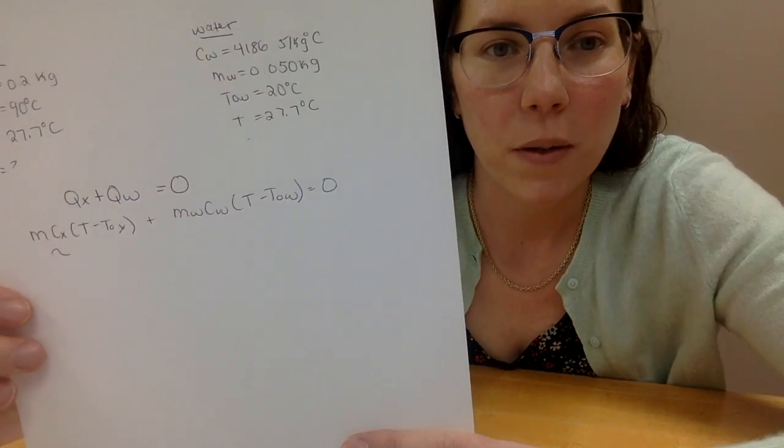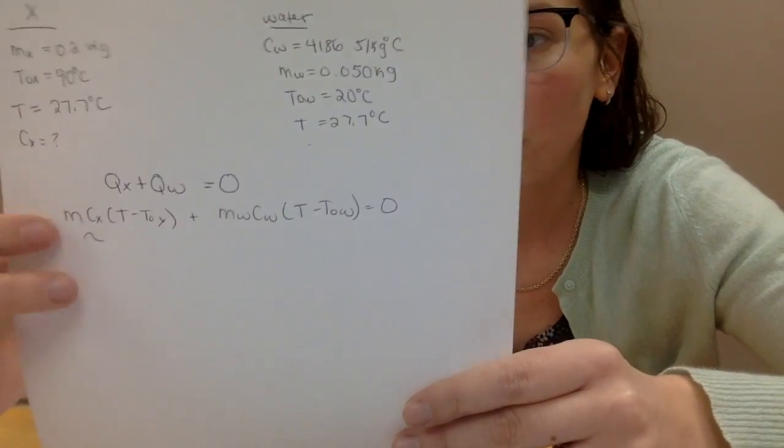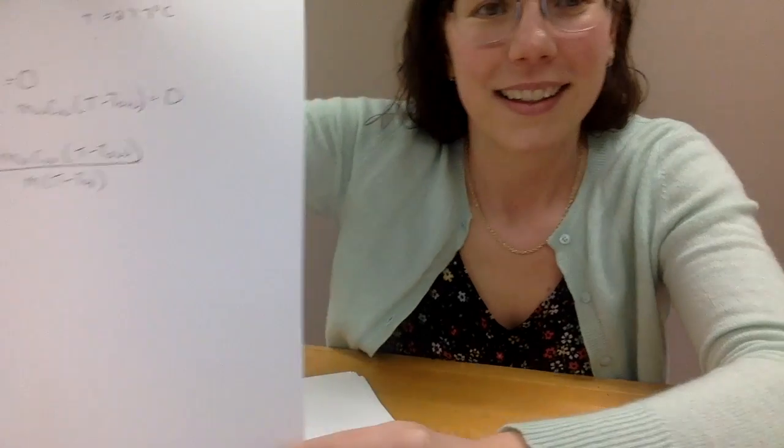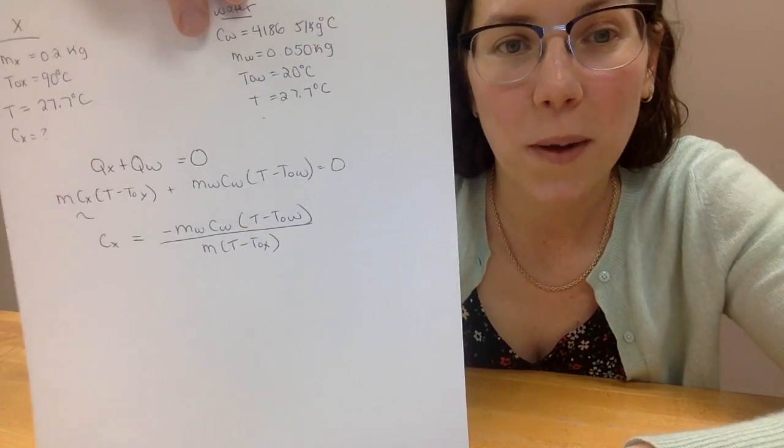I'm just going to arrange this equation to solve for the unknown specific heat: Cx equals negative mass of water, C water, T minus T naught water, over M, T minus T naught X. And at this point, we can plug in the numbers, so we're almost done.